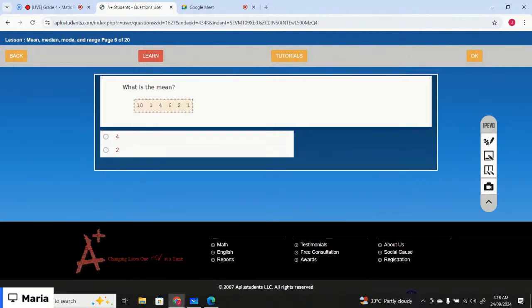What is the mean? Which is the correct option? For mean, add them all, divide by the number of values.